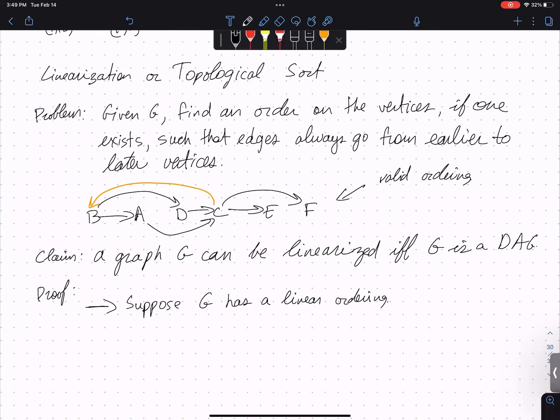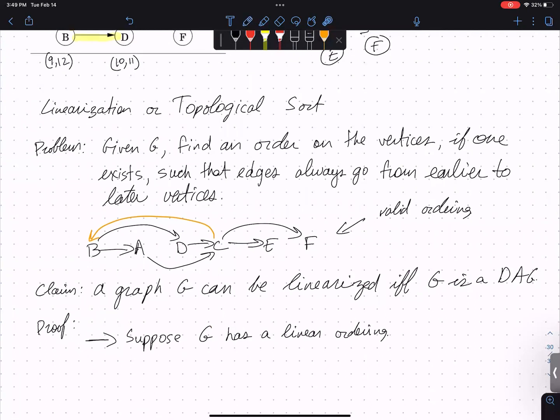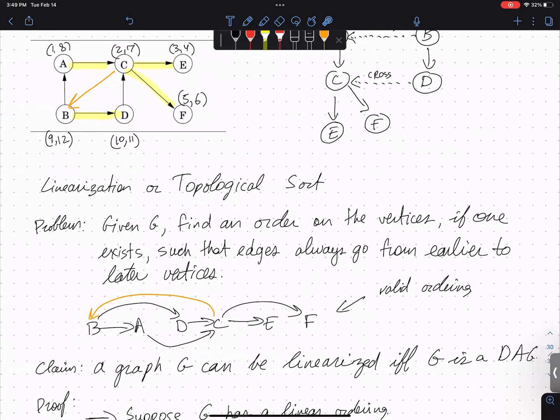Well, we need to formalize this idea that I was saying, that if you have some cycle like CBD, then no matter the ordering, you at some point will have to go back to the first vertex in that cycle.